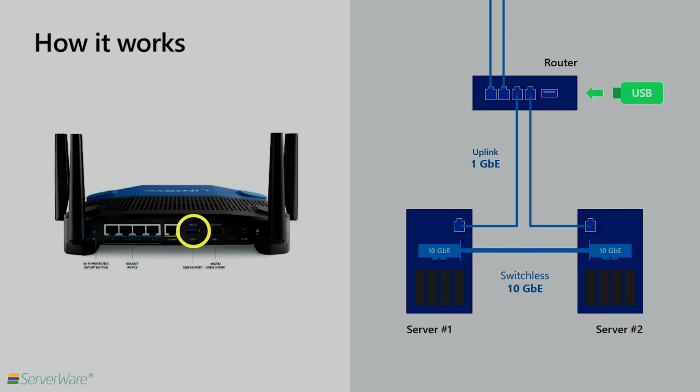If they are using this particular equipment, at the back of this router you can see there's a USB port for you to share media. You can plug in a USB drive and share the folder. This can also be your witness for the 2-node HCI. On the right-hand side, you will see the diagram and how all these pieces are connected together. And this forms a full quorum.